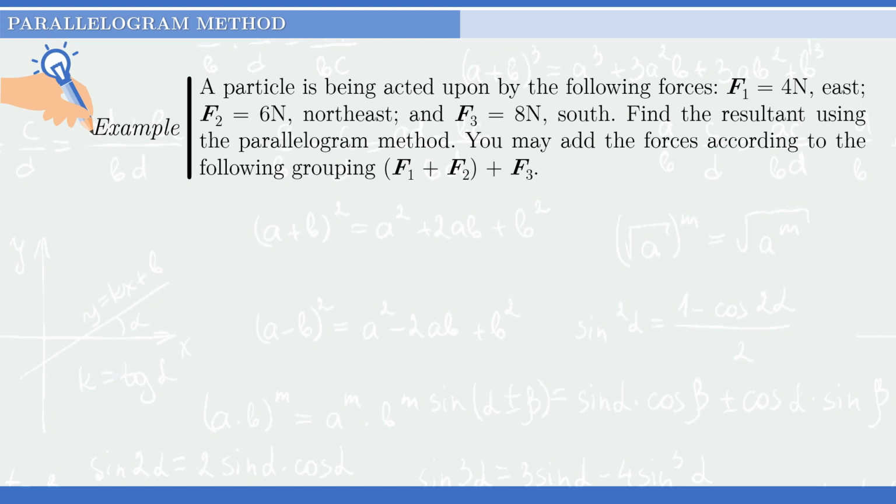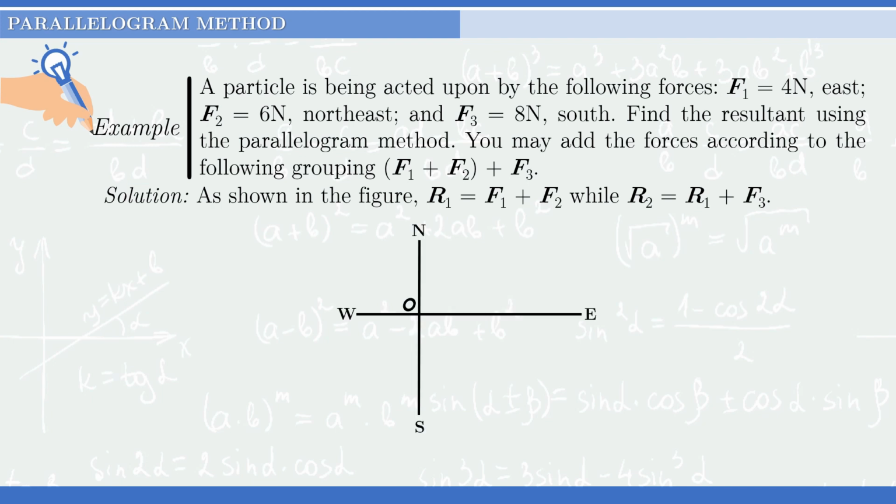For our next example, a particle is being acted upon by the following forces. F sub 1 is 4 Newton east, F sub 2 is equal to 6 Newton northeast, and F sub 3 is equal to 8 Newton south. Find the resultant using the parallelogram method. You may add the forces according to the following grouping: the sum of F1 plus F2 plus F3.